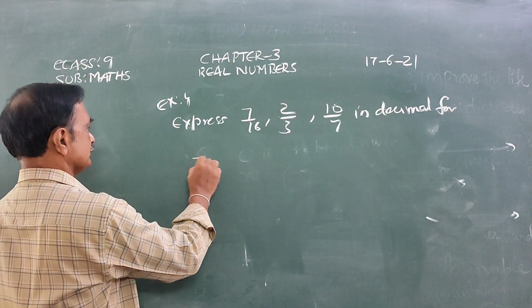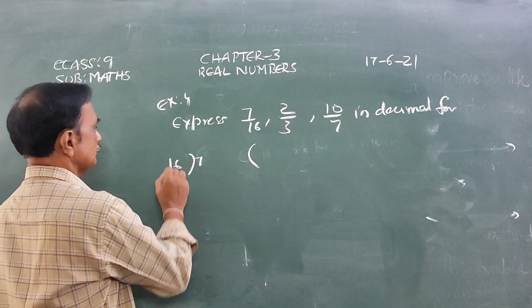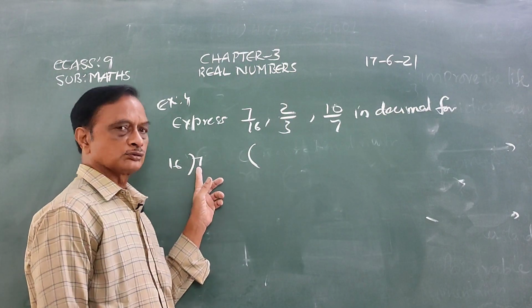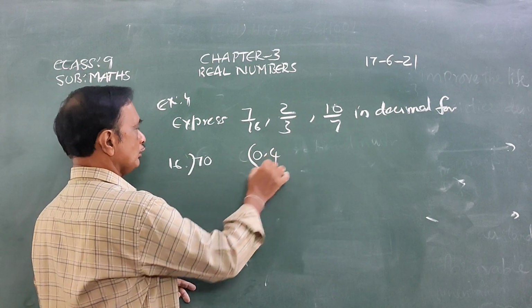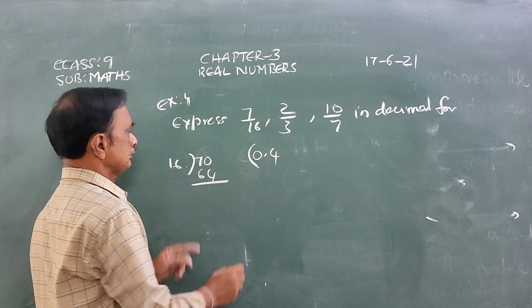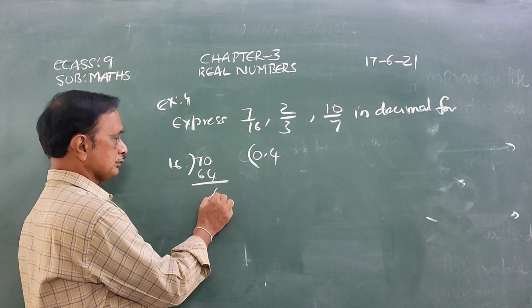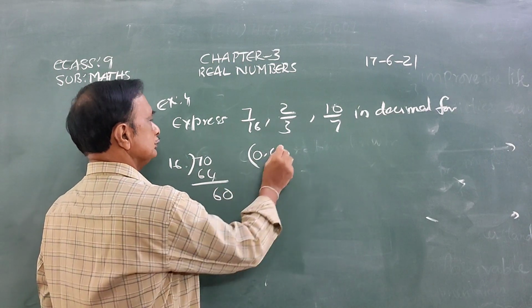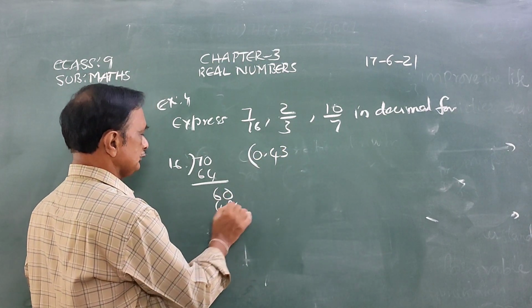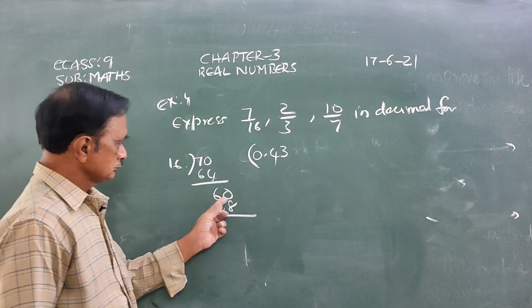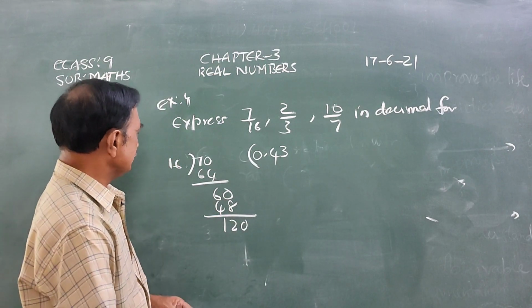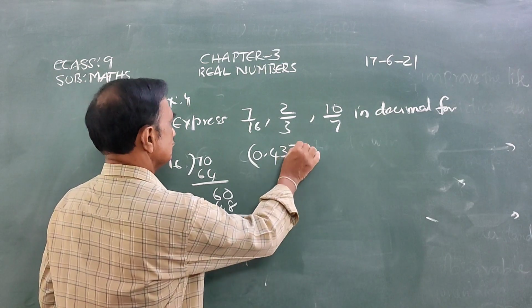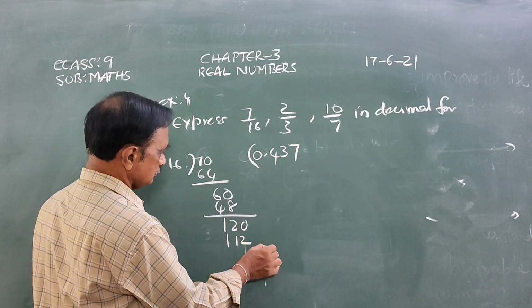Now 7 by 16. 16 does not go in 7, so 0.0, 64, 70 minus 64 is 6, 0, 63, 48, so 12, 0, 16 7s are 112.